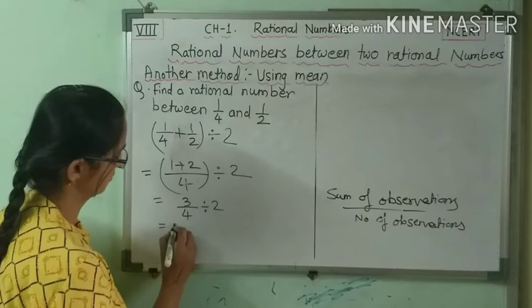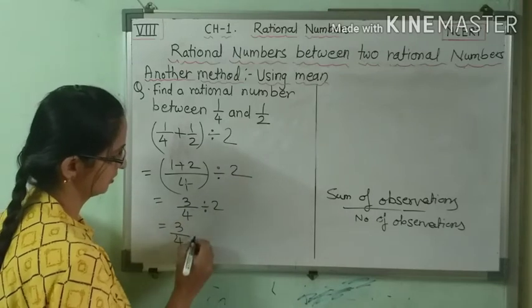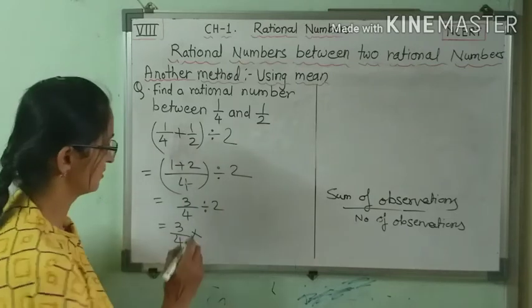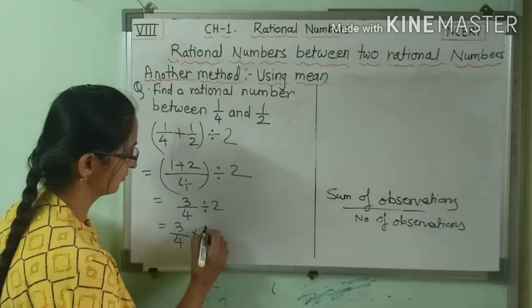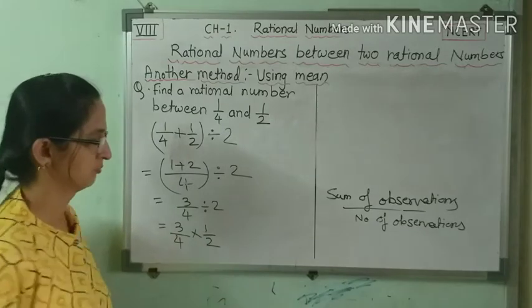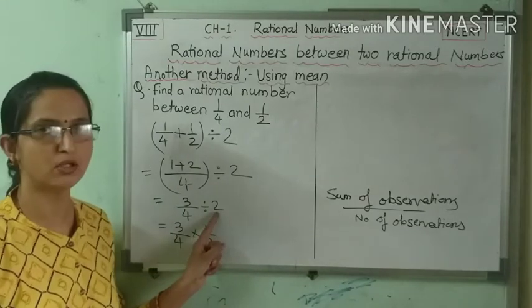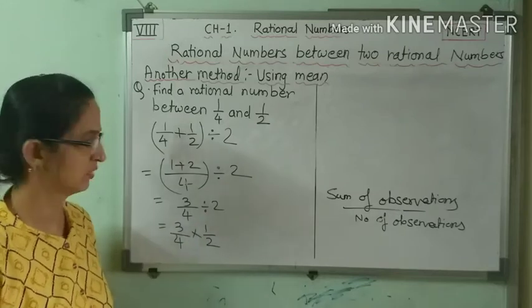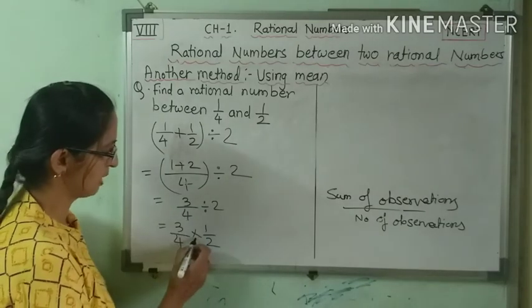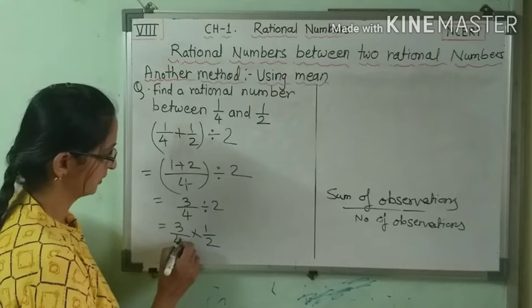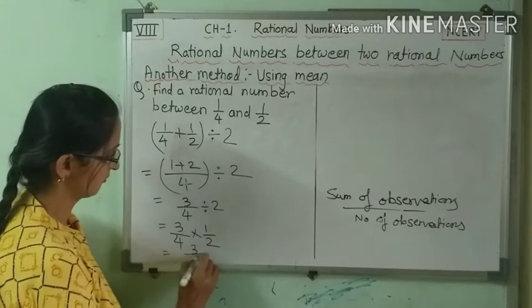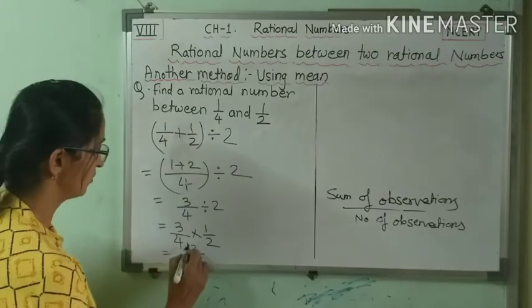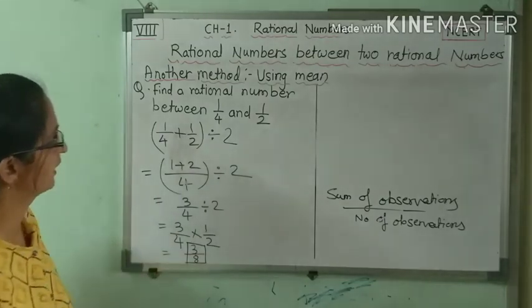Here 3 upon 4 divided by 2 is the same as multiplying by 1 upon 2, the reciprocal of 2. So multiply 3 upon 4 by 1 upon 2. Here we get 3 upon 8. Your answer is 3 upon 8.